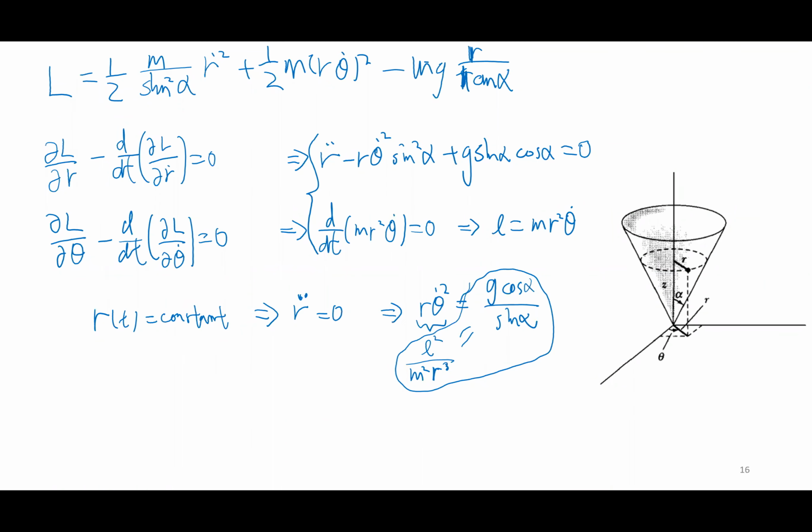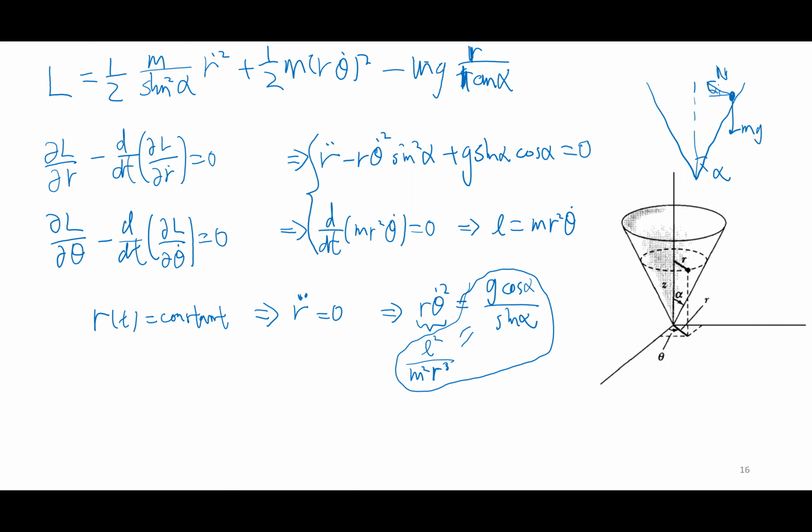And lastly, if you want to do it the Newtonian way, then what you need to do is just consider the force. So this is the particle, this is mg, this is the normal reaction n, and this angle is also alpha.